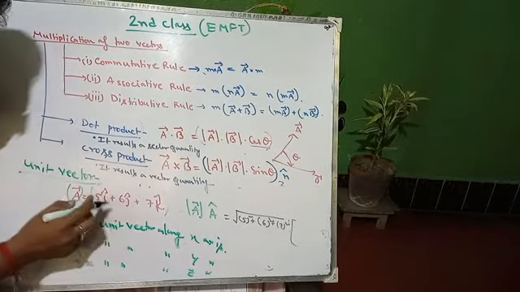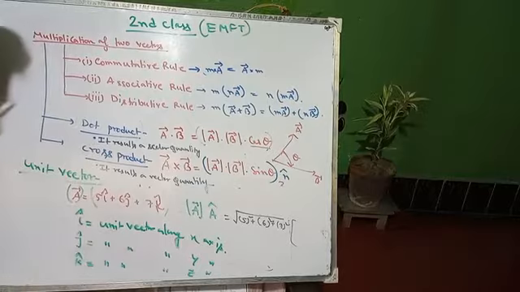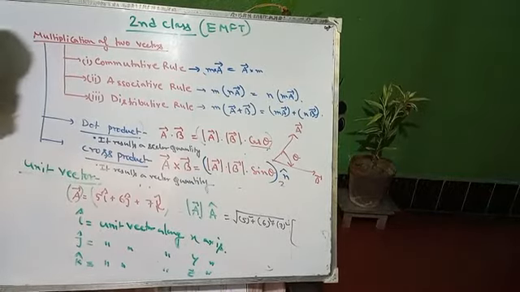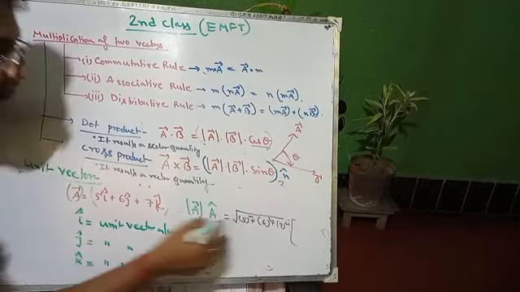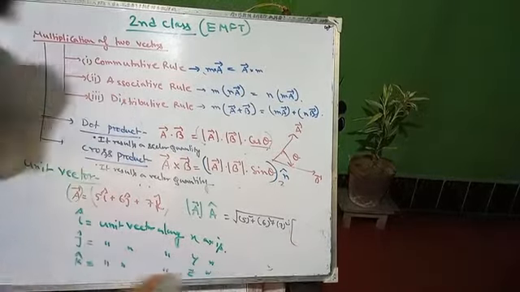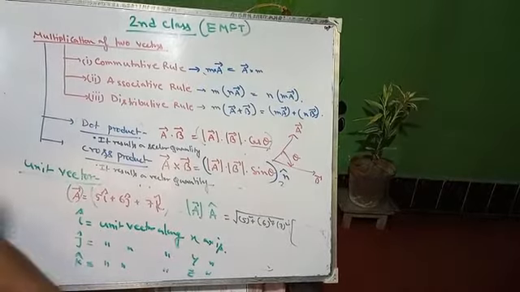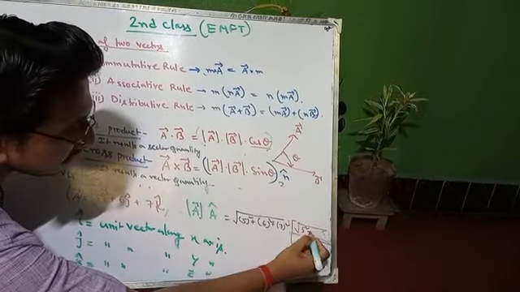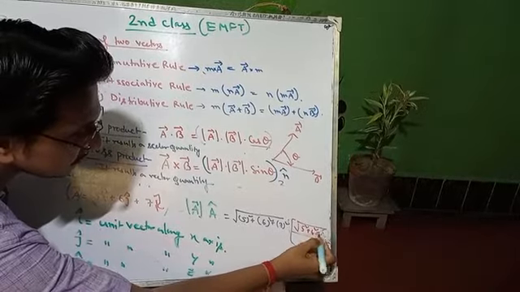But in this case it has three unit vectors, so it cannot be written in the tan inverse concept. So how to represent it? The unit vector will be (5i cap plus 6j cap plus 7k cap) divided by the mod of this one, that is root over of 5 square plus 6 square plus 7 square.